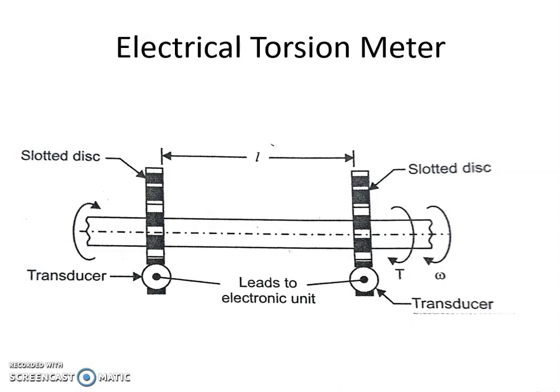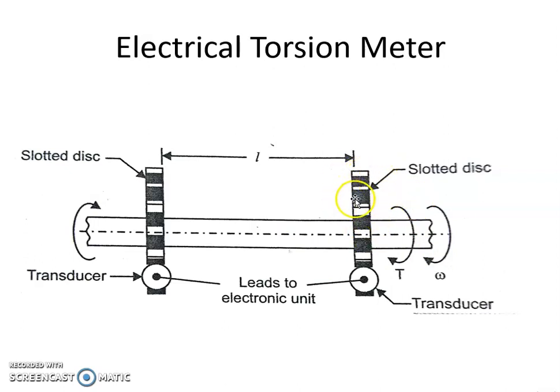In this system, we are using two photoelectric transducers, and these photoelectric transducers are coupled to the shaft whose torque is to be determined. The principle of the photoelectric transducer we have already discussed in the previous modules.